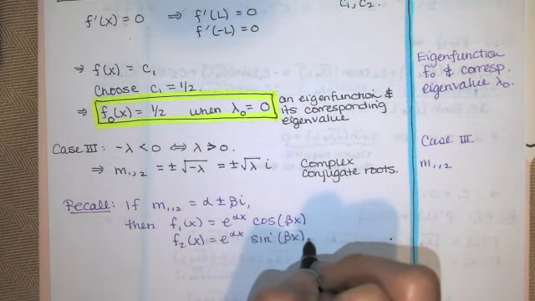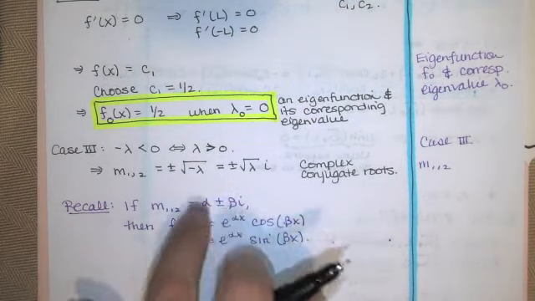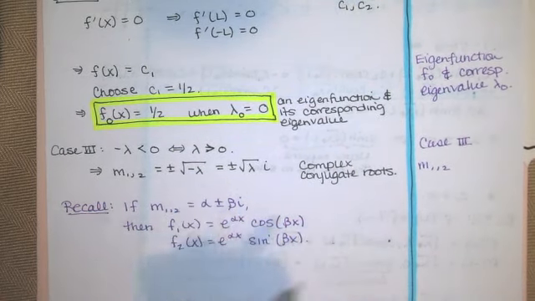Those are two linearly independent solutions that correspond to that complex conjugate pair.